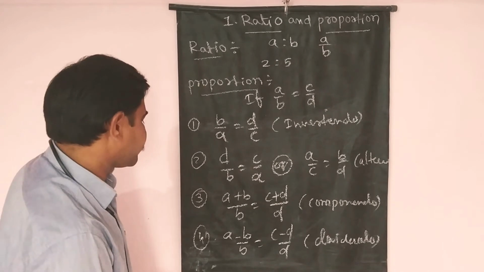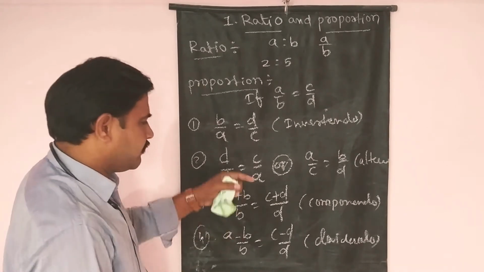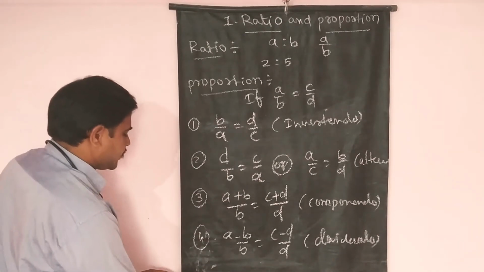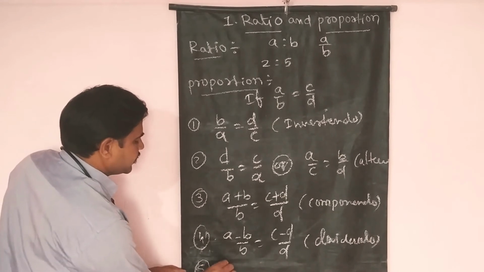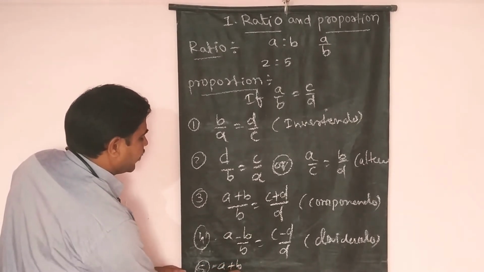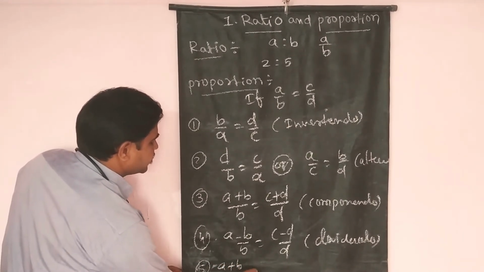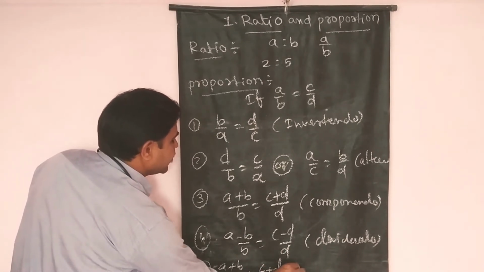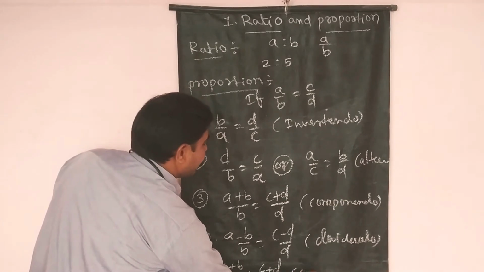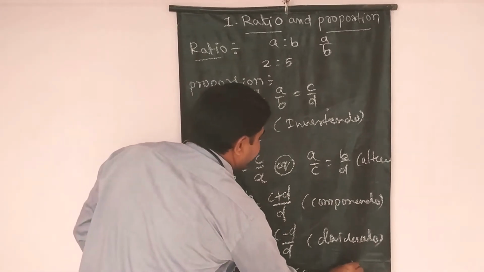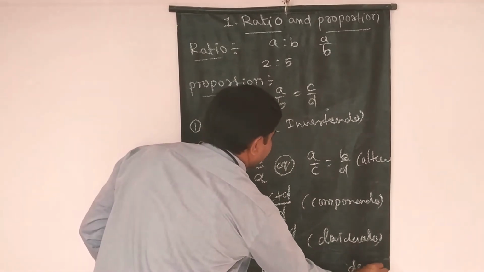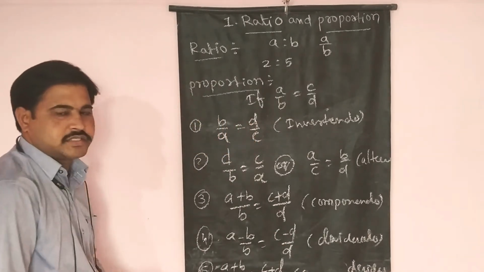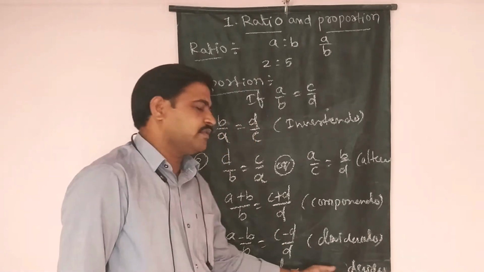And next, we can apply both componendo and dividendo: A plus B by A minus B is equal to C plus D by C minus D. Componendo and dividendo can both be applied simultaneously.